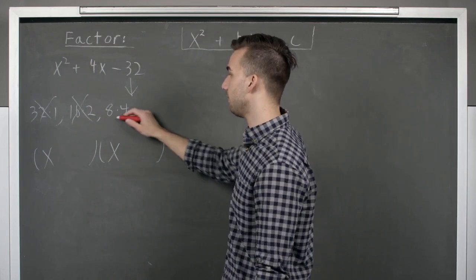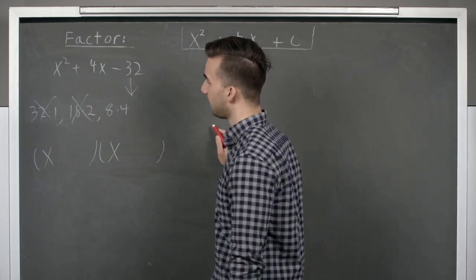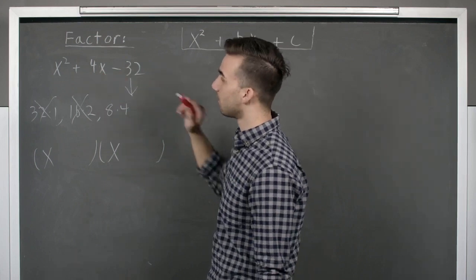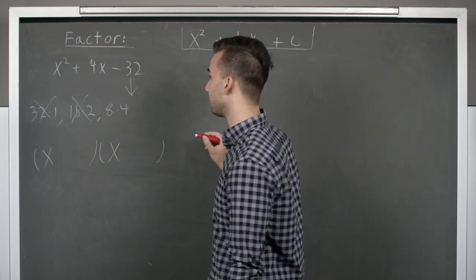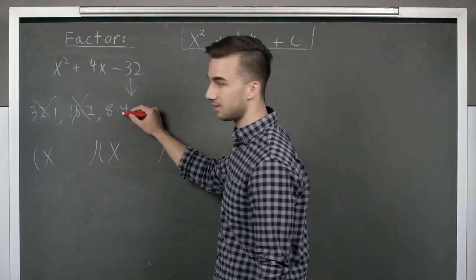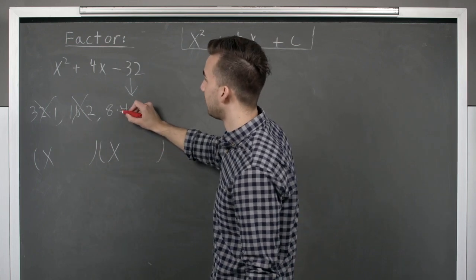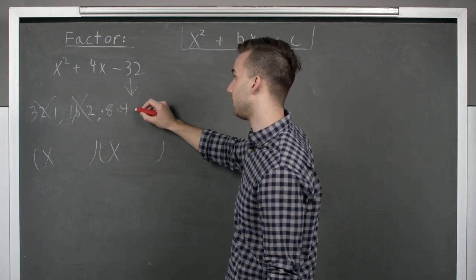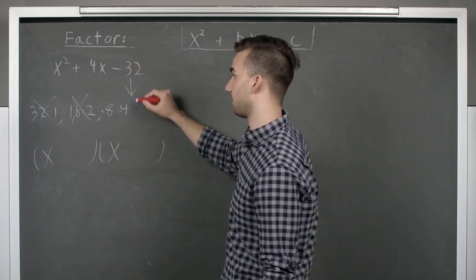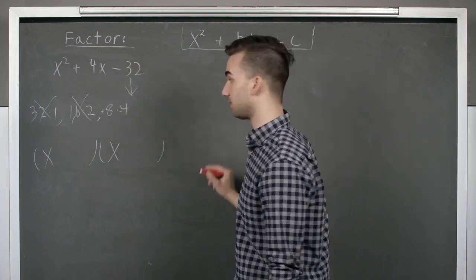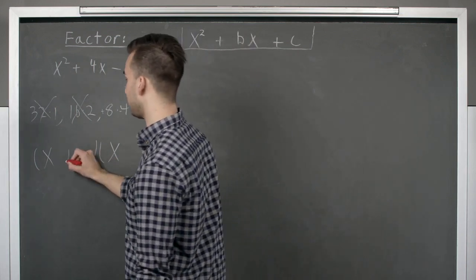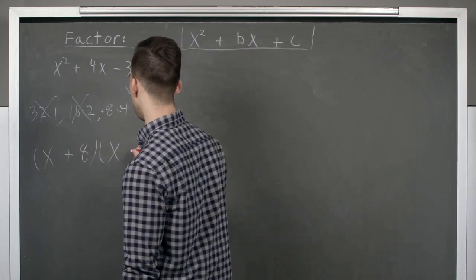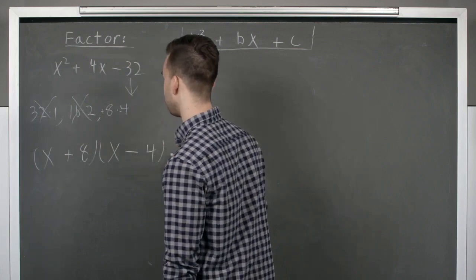So if we subtracted 4 from 8, that would give us positive 4, actually. And that would also give us 1 negative sign and 1 positive sign, which, if we multiplied those together, would give us a negative 32. So that is actually our solution. So we can just write this as x plus 8 times x minus 4.